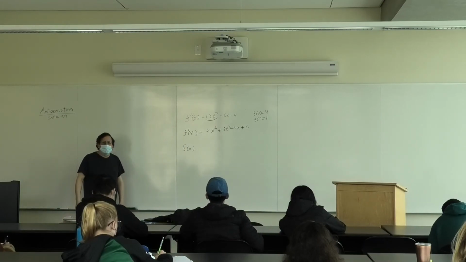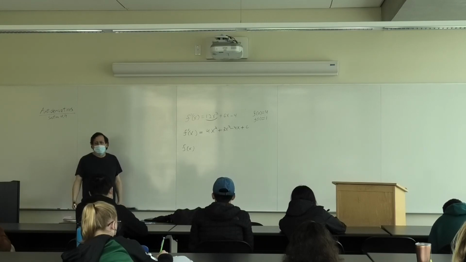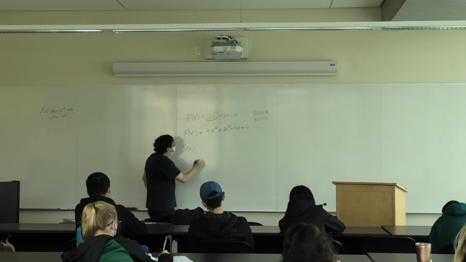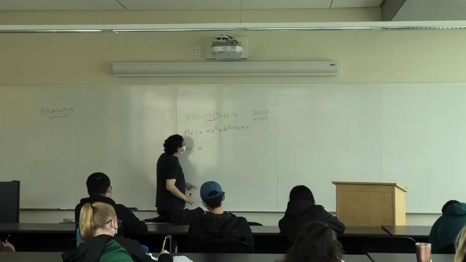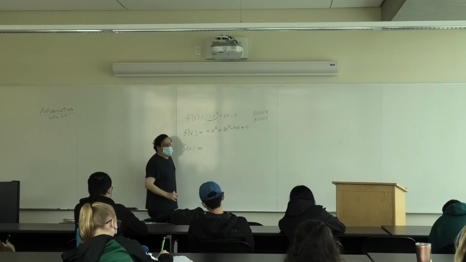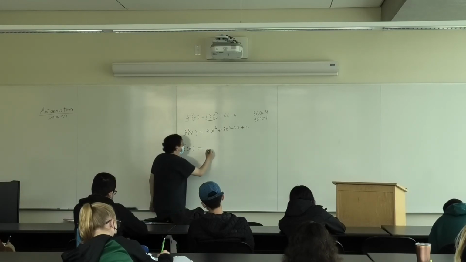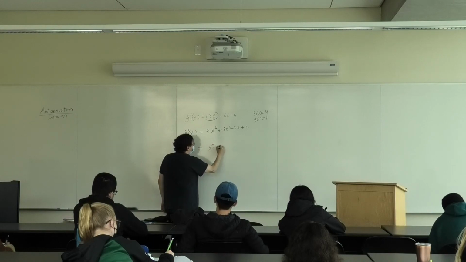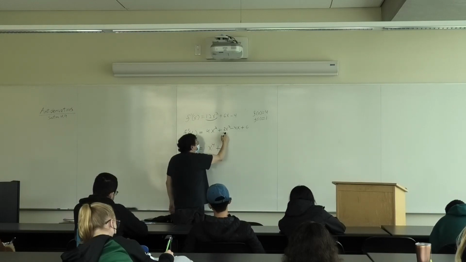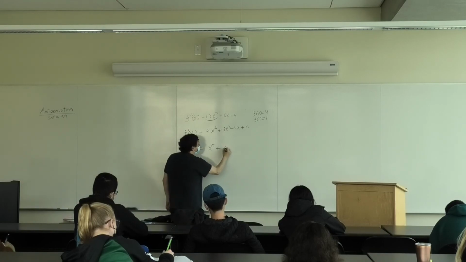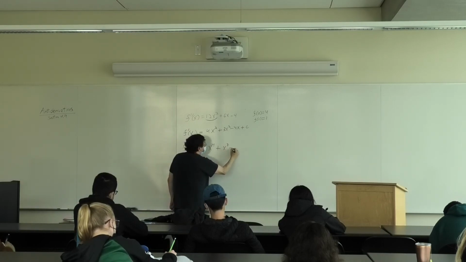Okay, we've done that. But now we have to do it again. Someone else want to take me through this? 4x cubed, that antiderivative is just x to the 4th. The antiderivative of 3x squared is x cubed.